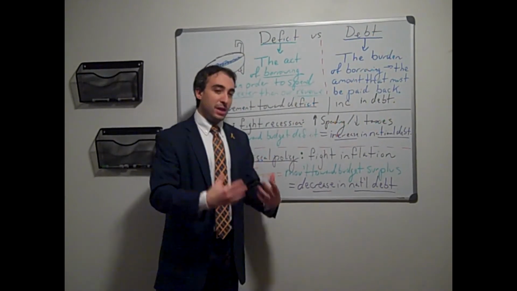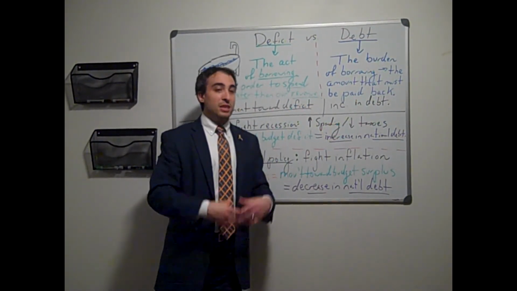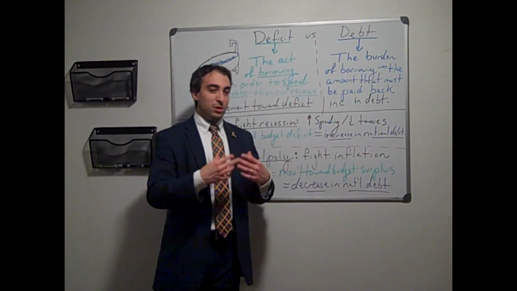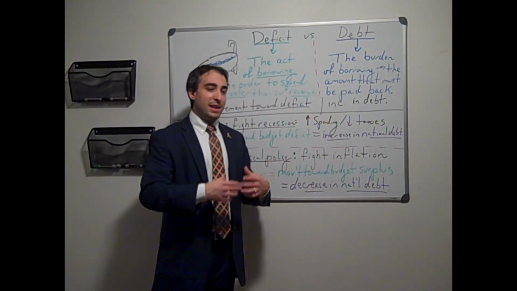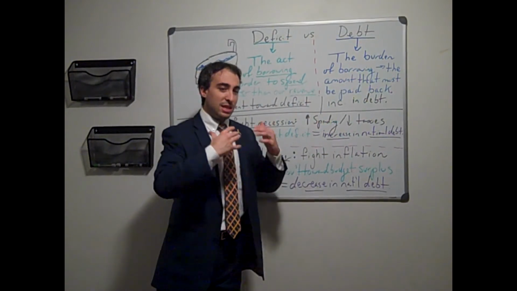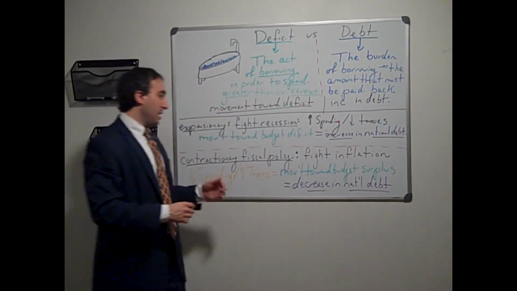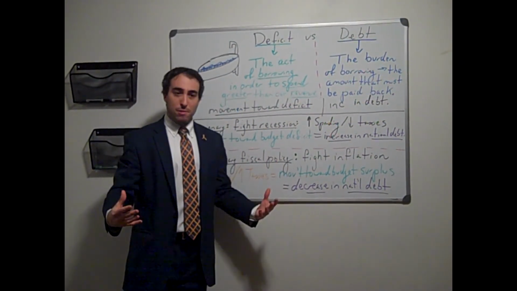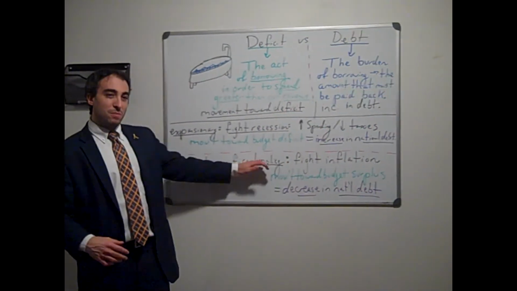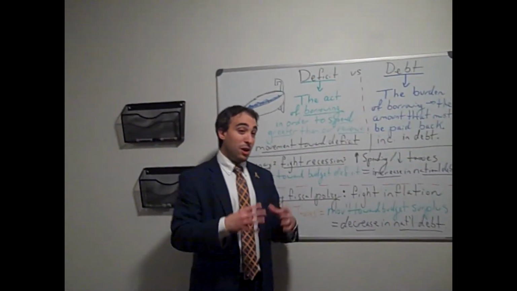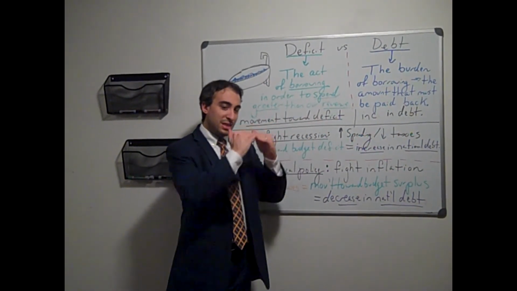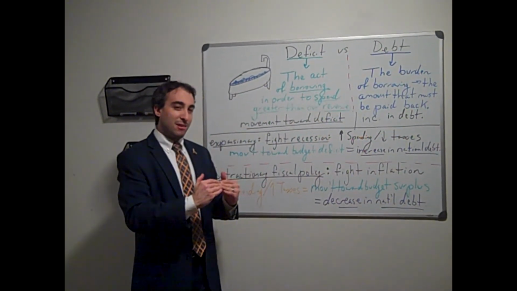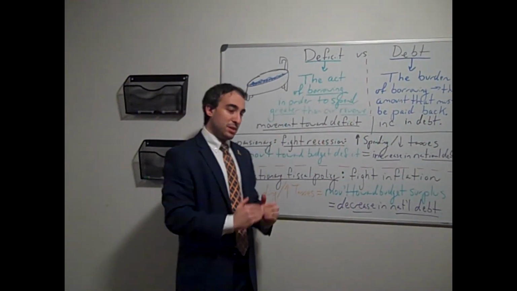Because if we have bad inflation, we have too much money chasing too few products, we are spending too much, and that is increasing the price level and crushing purchasing power. So a contractionary fiscal policy is designed to shrink the economy on purpose, to reduce spending in the economy, to bring the price level down, to decrease aggregate demand.